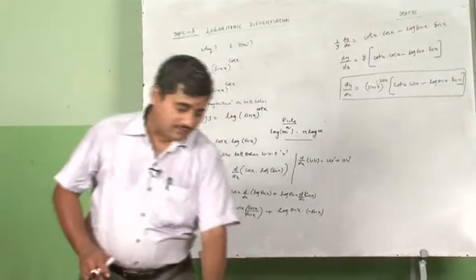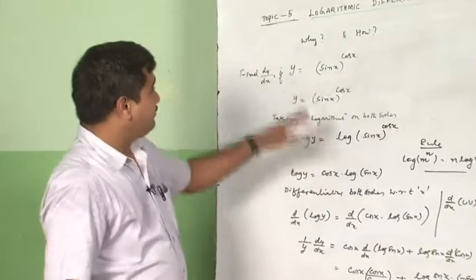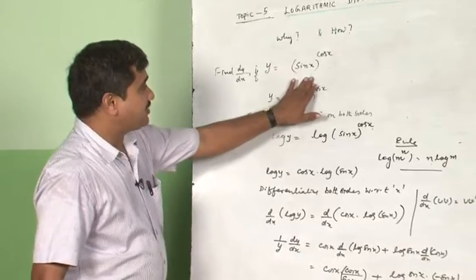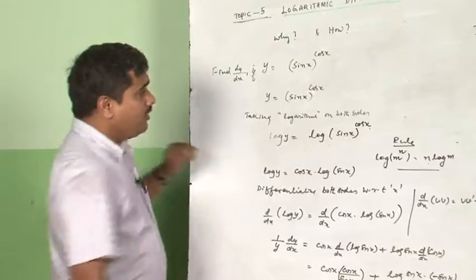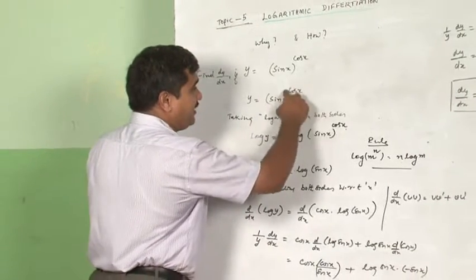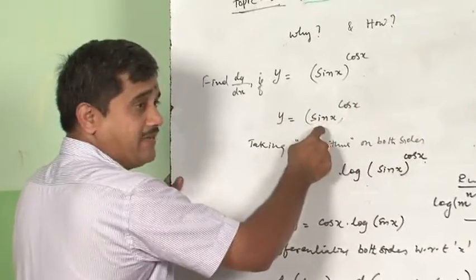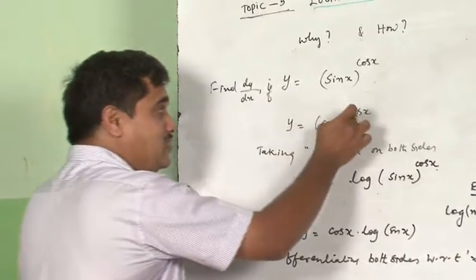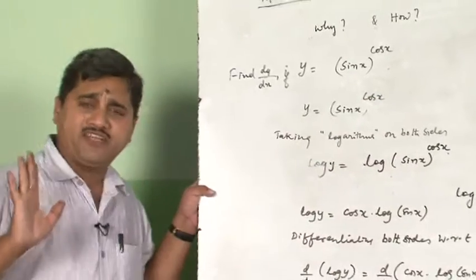Dear children, you must have realized one important fact here. Logarithmic differentiation has a main role in bringing the power, the index of this function, down from the top. Unless you bring this top function down, you will never be able to differentiate.